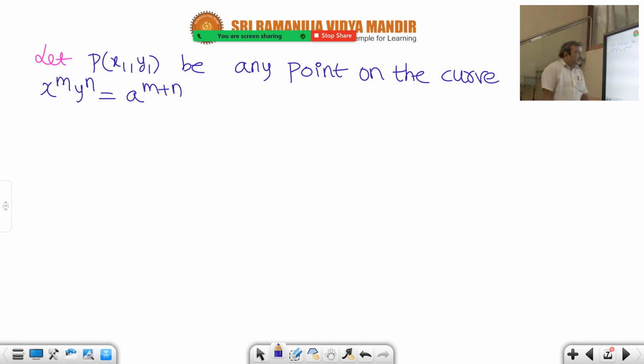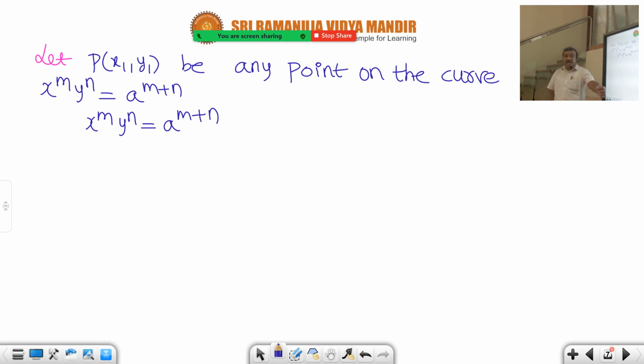So once again, for this what to do? Logarithms you have to apply. So look here children, x power m into y power n is equal to a power m plus n.